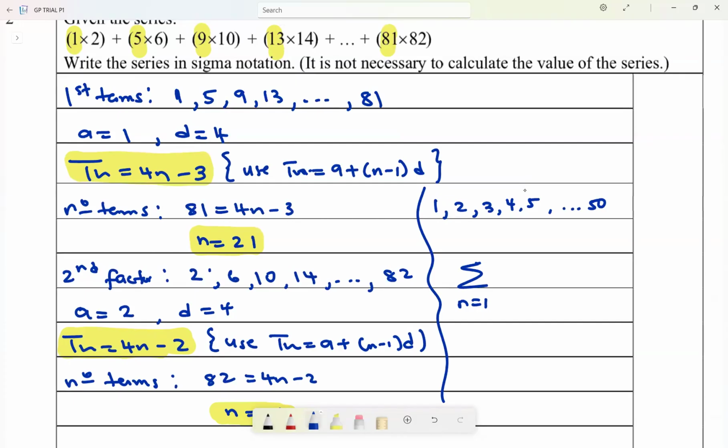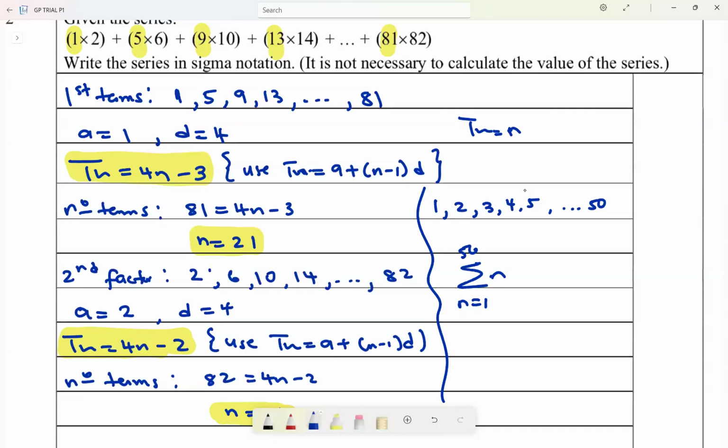The number of terms that I have is 50, and then my general formula is what? The general formula needs to be Tn equal to the difference, it is 1. So it's going to be n, and then 1 minus, it's just going to be n. Okay, so it is n, just like that.